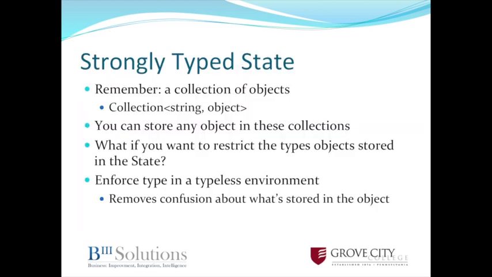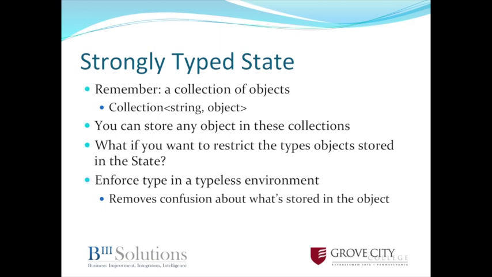So what are some techniques we can use to implement these state management objects? Well, one technique is to use a strongly typed state. You'll remember that the state objects are a collection of strings and objects. This means that you can store any kind of object within a state management object.